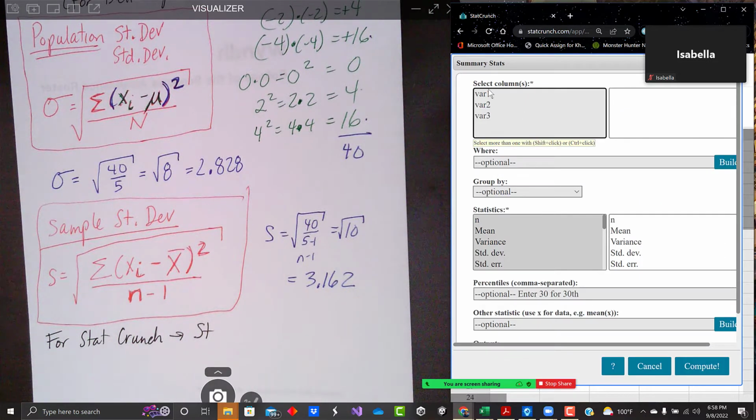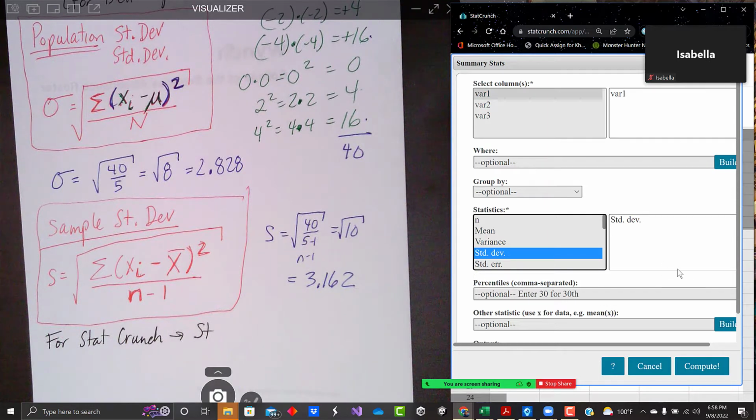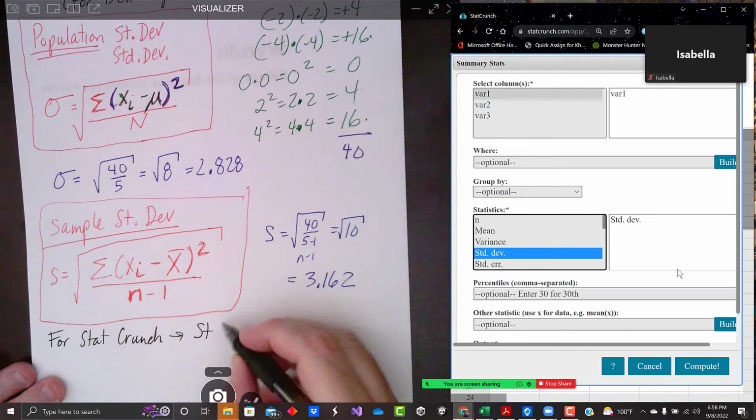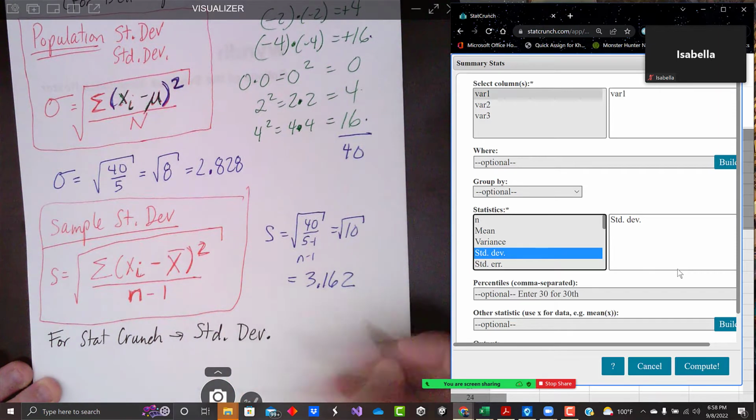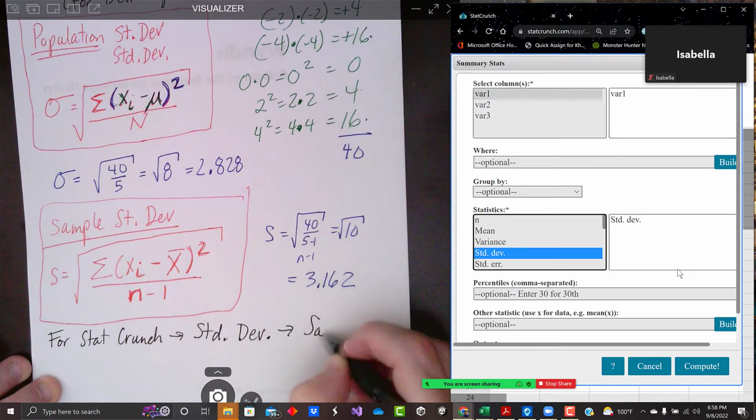Stats, summary stats, columns. We're going to do column 1. That one right there is for samples. It says std.dev. This is for samples.